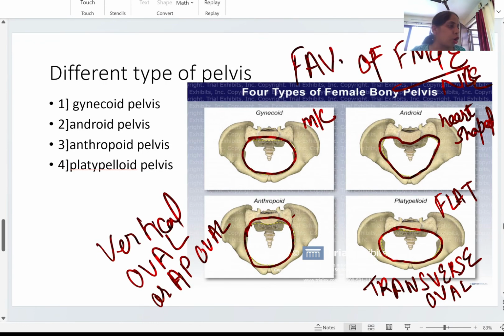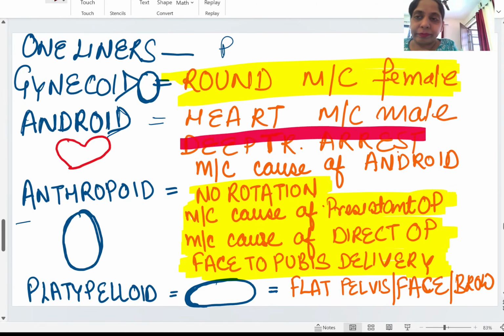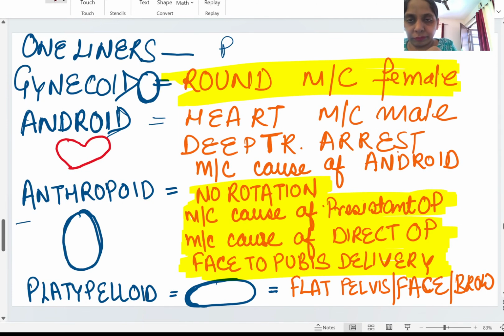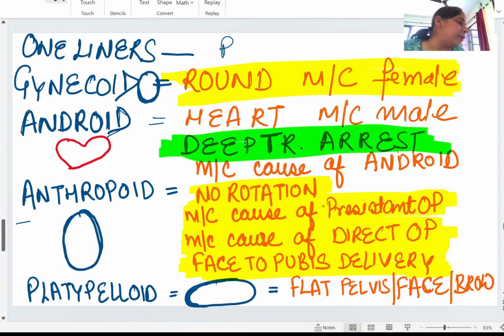Now let us see the common questions which are asked. This was about the shape of the pelvis. Now let us see the most common questions asked other than the shape. Just see here. In which pelvis is deep transverse arrest common?